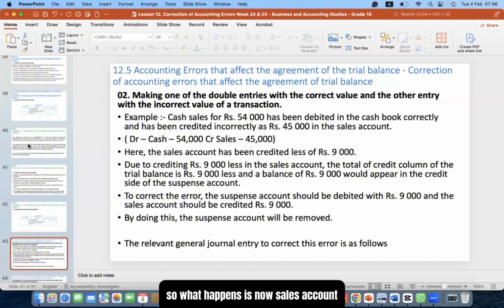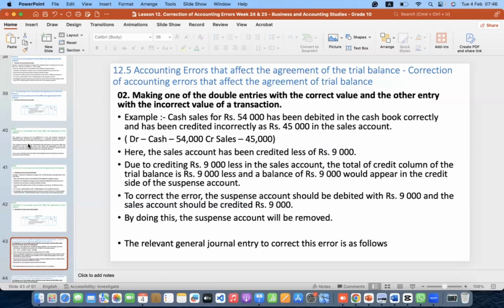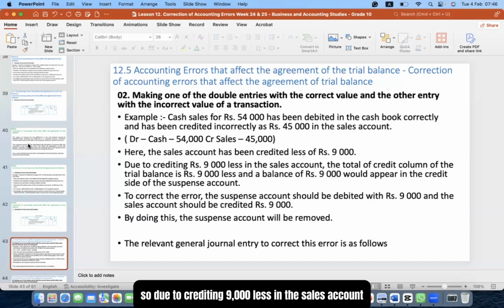So what happens is now sales account, the credit side is 9,000 less. credit side එක 9,000 less. එතකොට debit side එක 9,000 වලින් excess වෙලා තියෙන්නේ. So due to crediting 9,000 less in the sales account, total credit column of the trial balance is 9,000 less.